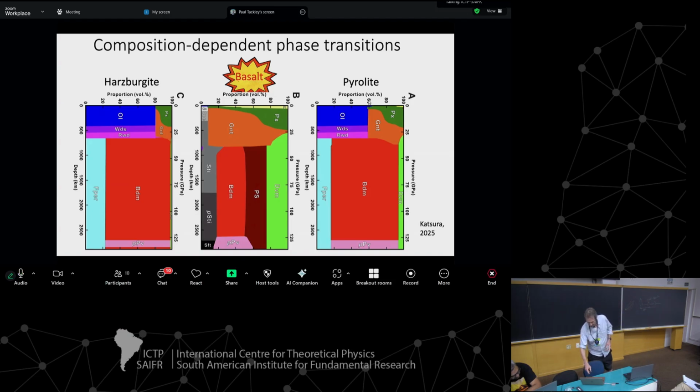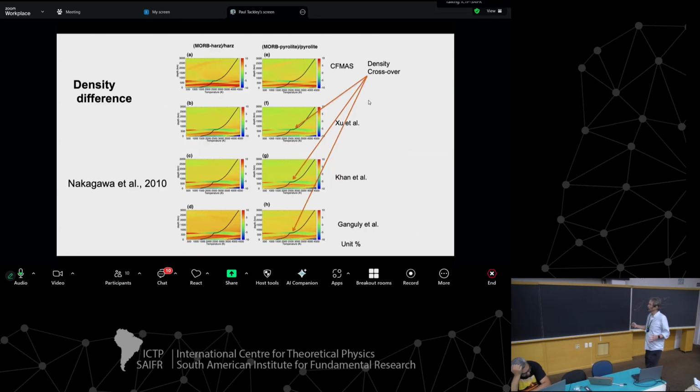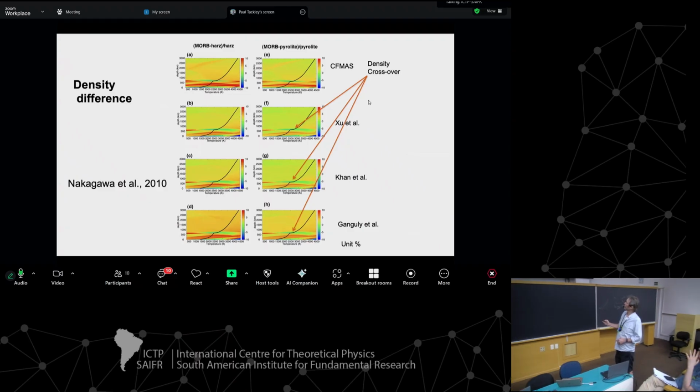And when you calculate density maps using software such as Perple_X, you see that this is basalt or MORB minus harzburgite, so it's the density difference between either harzburgite or pyrolite as a function of depth and temperature, and you see that it's actually negative in this depth range.